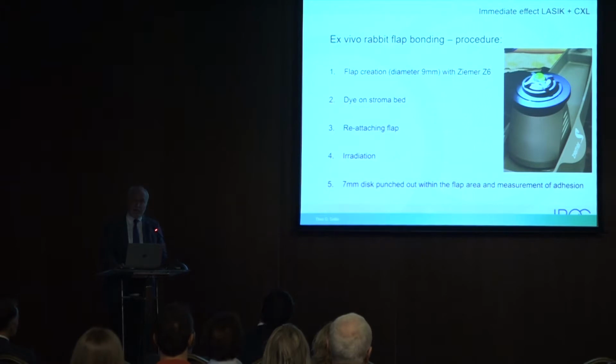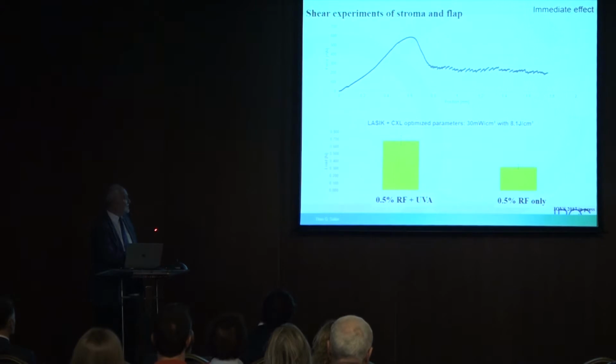That's why we started at Harvard Medical School 2 years ago a study where we used rabbit eyes and we did a LASIK and reattached the flap, dyed the stroma bed, irradiated it, and then we punched it out and did some shear measurements, shifting the flap on the wound bed, and that's how such a measurement looks like.